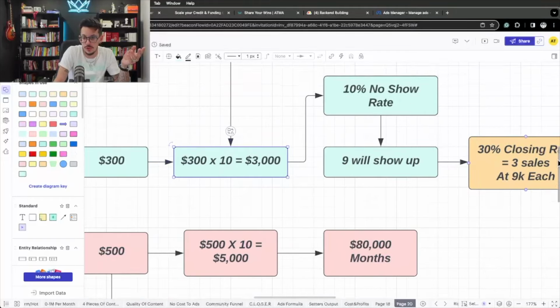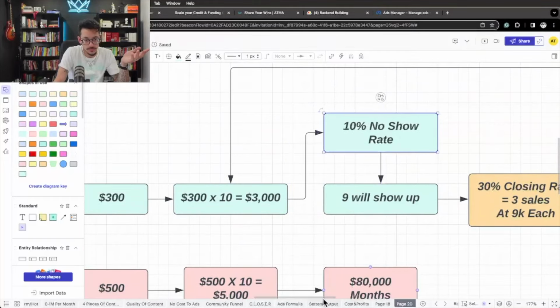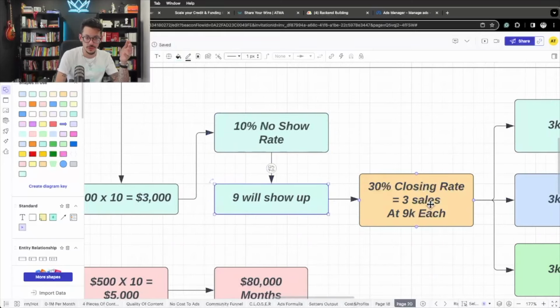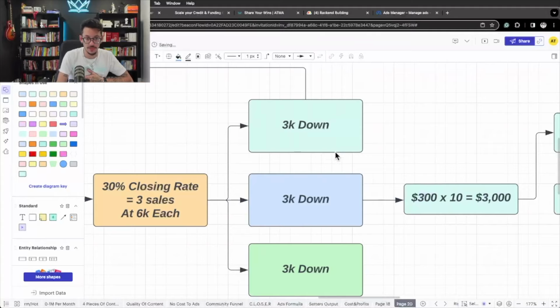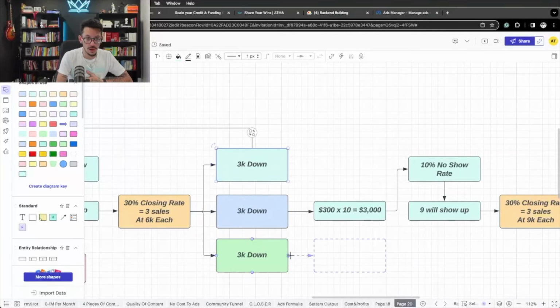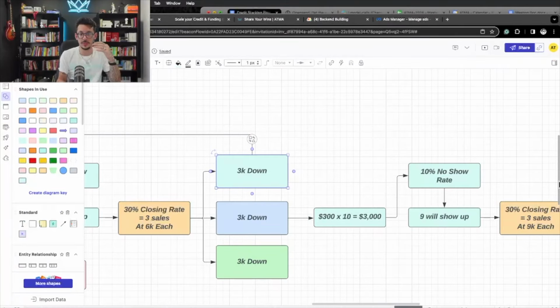Let's say your no-show rate is just 10%, which is awesome. I just saw your full year, we have a 5% no-show rate, so 9 people will show up. That means at a 30% closing rate, you're closing 3 deals at 9K each. Even if it's 6K each, you're still making a hell of a lot of money, right? Because now you have 3K down, 3K down, 3K down, and then next month all of these come back because they're on payment plans.